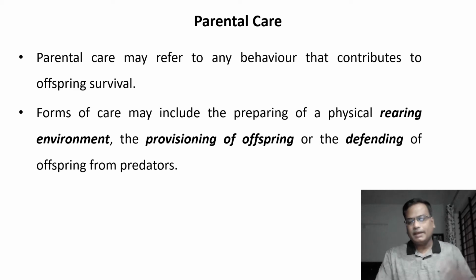What is the main aim of parental care? Parental care ensures that the chance of offspring survival is maximum. Now there are two things. One is survival of the offspring and success of the offspring. Now fitness, as I already told you, fitness refers to the ability of an individual to pass on its genes to the next generation.